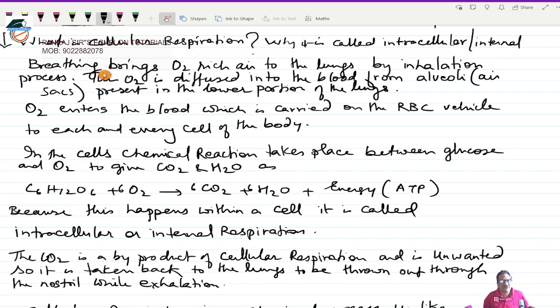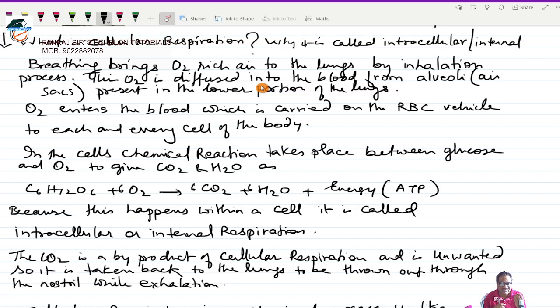Here I have written: breathing brings oxygen rich air to the lungs by the inhalation process. This oxygen is diffused into the blood from the alveoli. Now these alveoli are air sacs surrounding the lungs, the lower portion of the lungs particularly. In these air sacs the exchange of gases takes place.